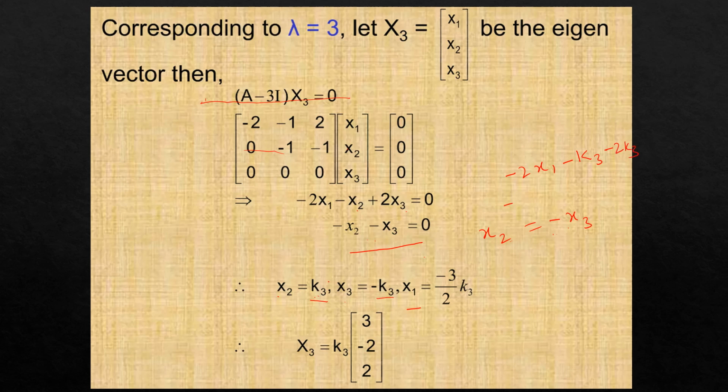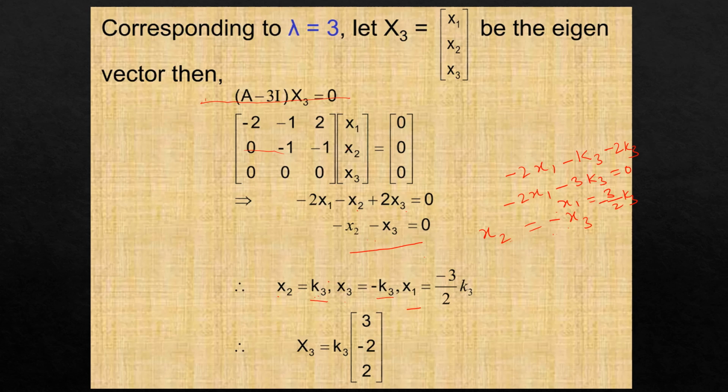This will give me minus 2x1 minus 3k3 is equal to 0, and x1 is equal to minus 3 by 2 k3.